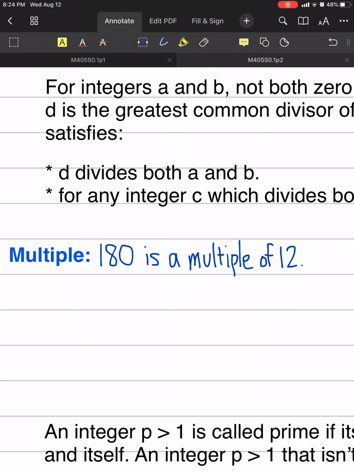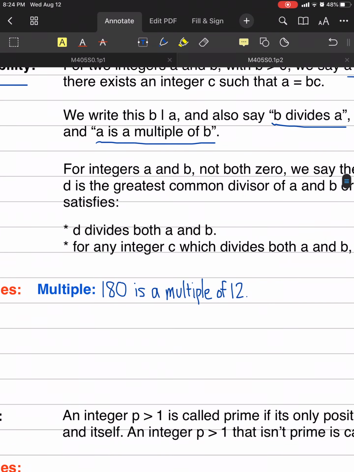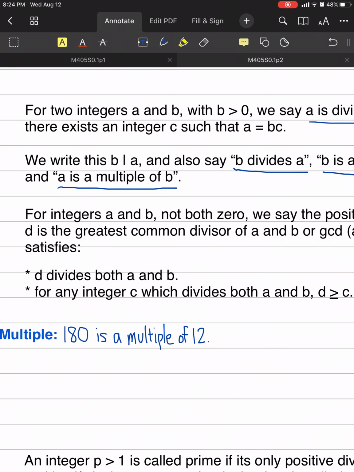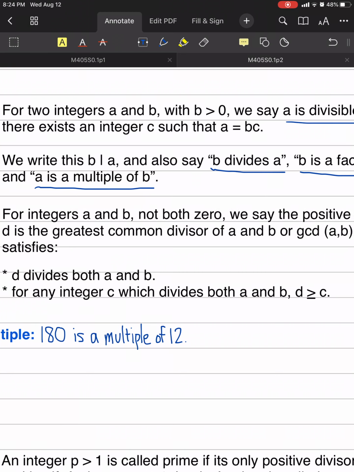But in this class, we're rarely going to use division for definitions of things because division has some problems, as we saw last time with the division algorithm. When you actually start talking about division, there are cases where you have remainders, and to avoid that issue, we refer to all these things in terms of multiplication.